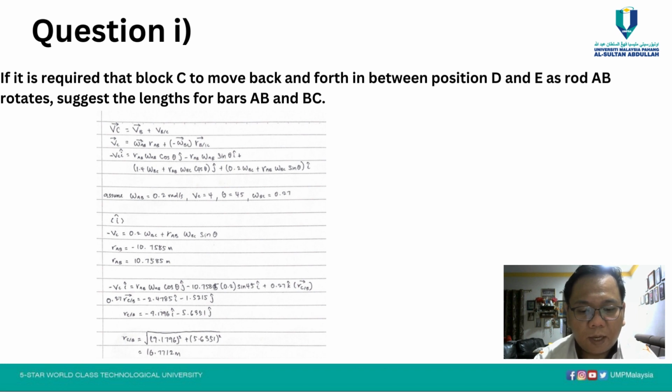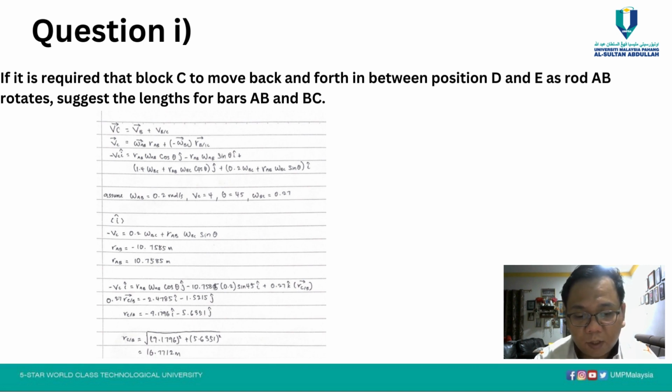Negative VC i hat equals RAB omega AB cos theta j hat minus RAB omega AB sin theta i hat plus 1.4 omega BC plus RAB omega BC cos theta j hat plus 0.2 omega BC plus RAB omega BC sin theta i hat.